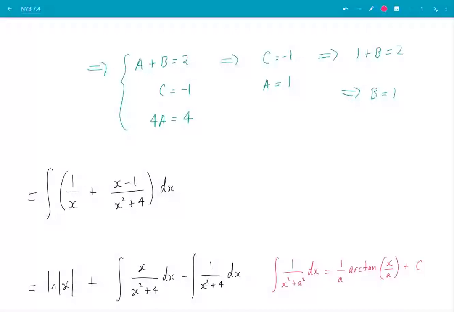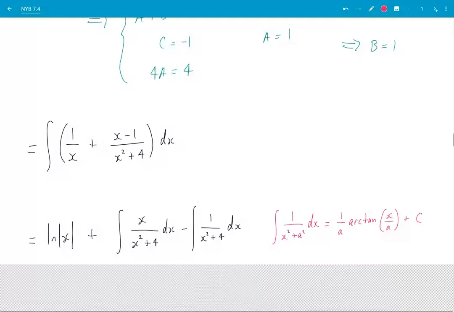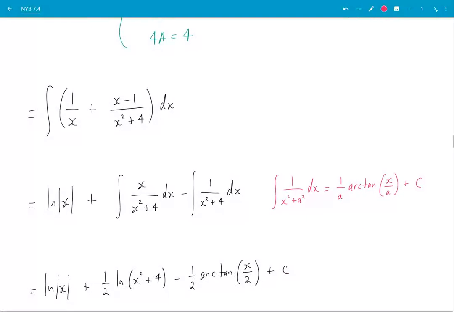Now for the very last term here, I'm going to have you memorize the formula. And then for the term in the middle, that will require a substitution. Okay, this kind of thing takes experience. You have to know that breaking this up will help.